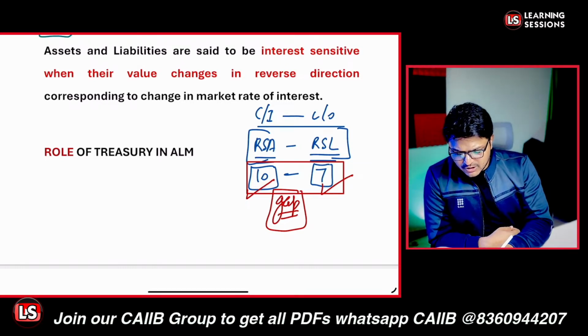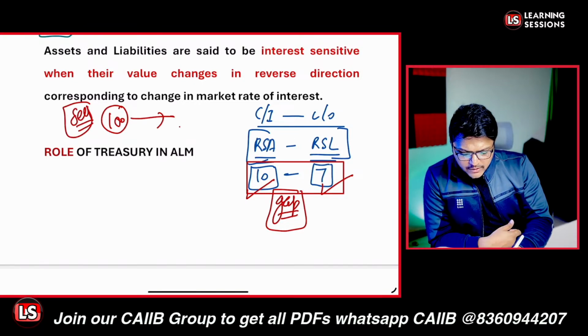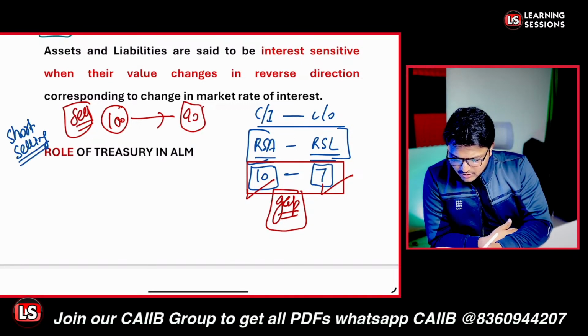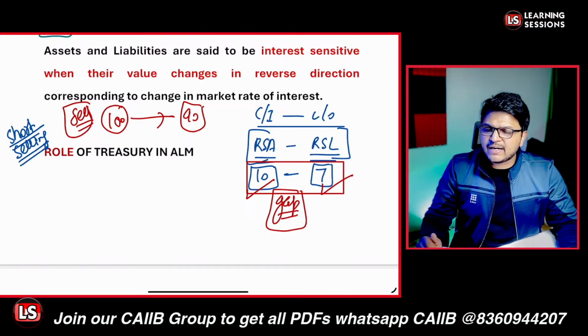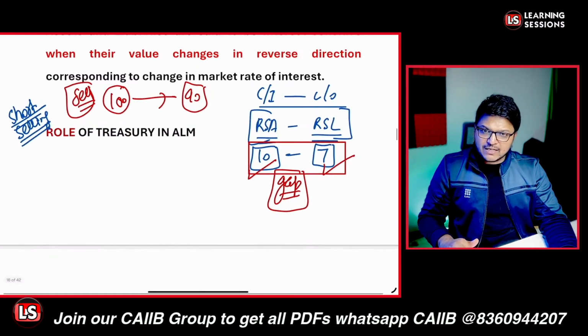Let's say the price of a share is rupees 100 right now, and you sold it for rupees 100 and later bought it at rupees 90. You still made a profit. This process is said to be short selling, right? In the same way we can work upon the RSA and RSL to make money out of it. Now let's learn the role of treasury ALM.